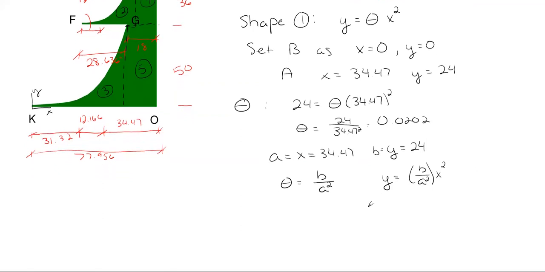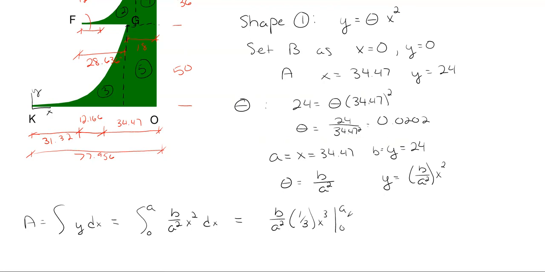All right. So what I have is this equation of y equals b over a squared, x squared. To find the area, I'm just going to integrate this y equation with respect to x, from x equal to 0 to the maximum x that I have. Well, I've set x max as a, and it's going to be the integral of b over a squared x squared dx. Pretty easy integration here. This just becomes b over a squared times 1/3 x cubed from 0 to a.